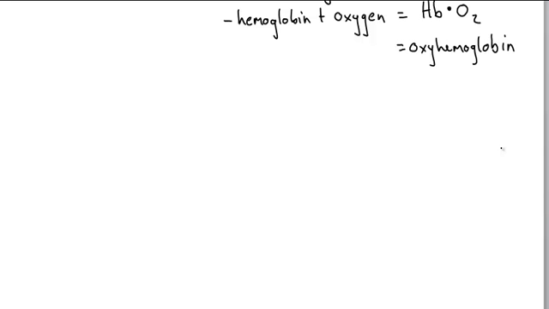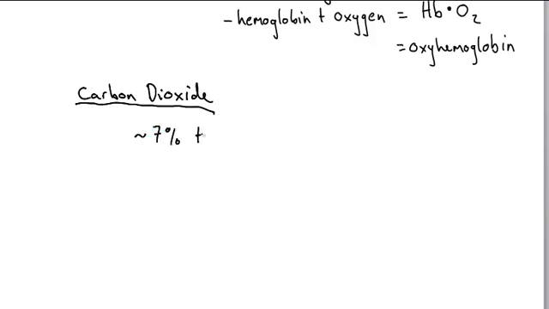Now, carbon dioxide has a slightly more complicated process for being transported. Approximately 7% is transported while dissolved in plasma, compared to 2% for oxygen.